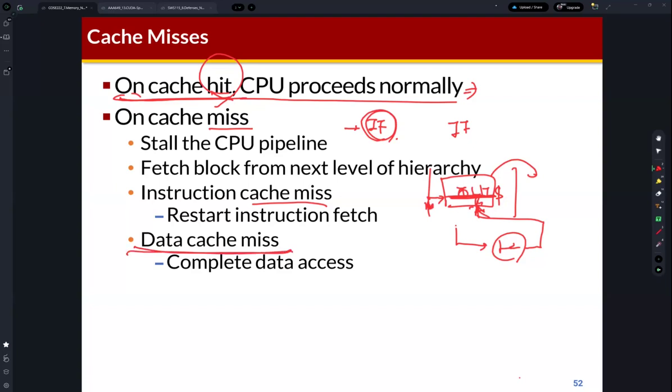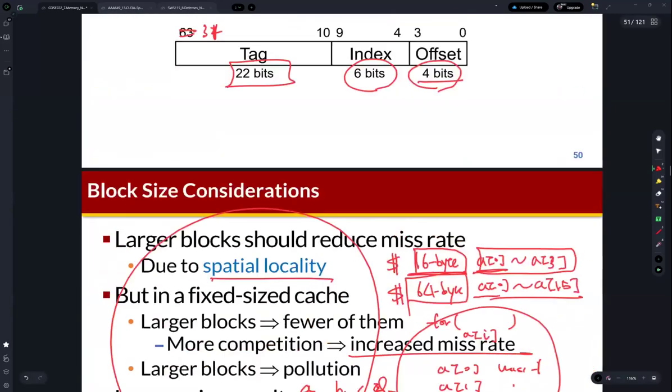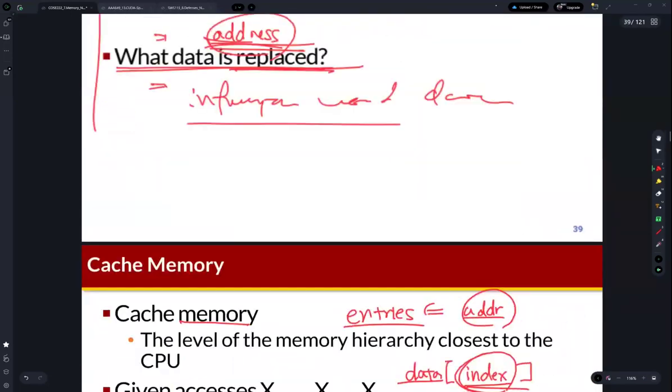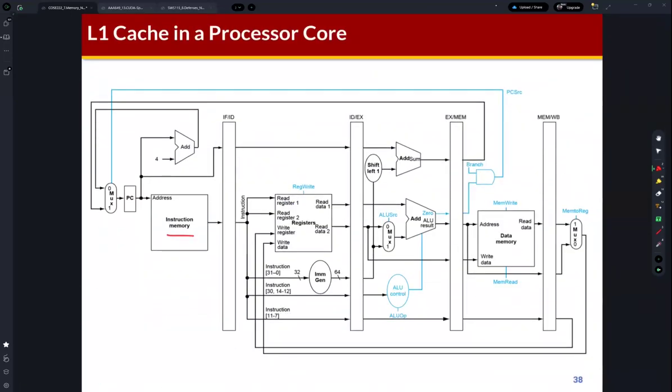And how about the data cache miss? We can encounter a data cache miss for load or store instructions, right? So what will happen? This is the five-stage architecture. We can encounter a cache miss in the memory stage, by a load instruction, for example. The load instruction tries to fetch certain data from the data memory.